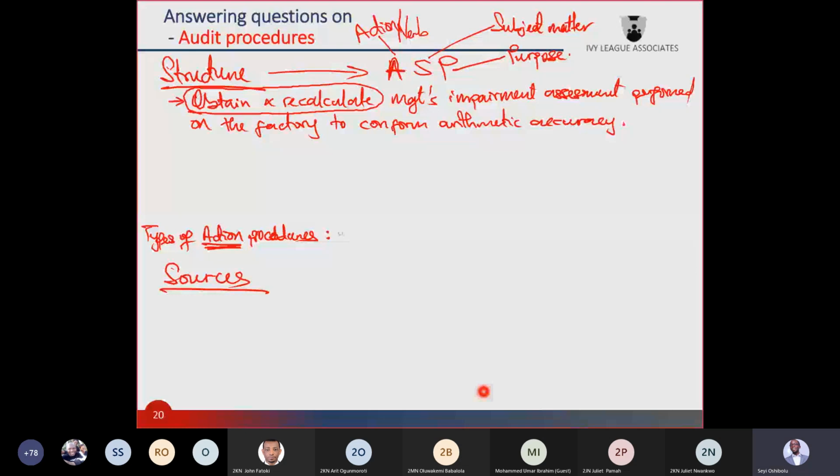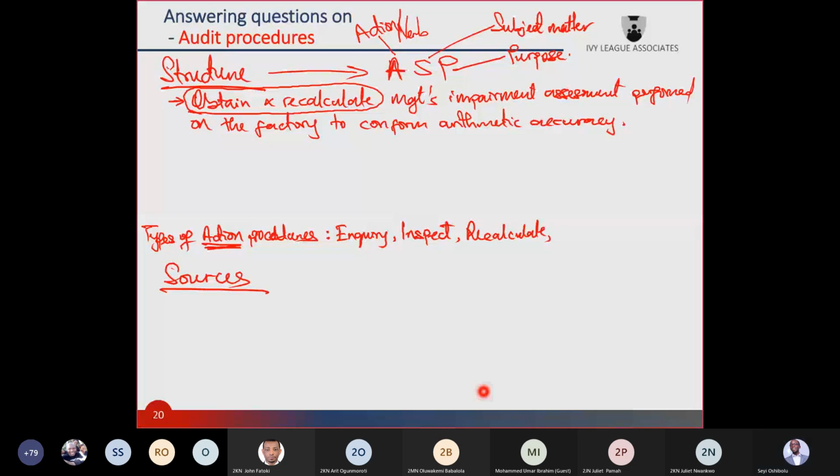So all the inquire of management, request, ask, obtain. There is inspect. So I could have changed this one to obtain and inspect, obtain and recalculate. Recalculate is also another one. Another word for inspect is review.